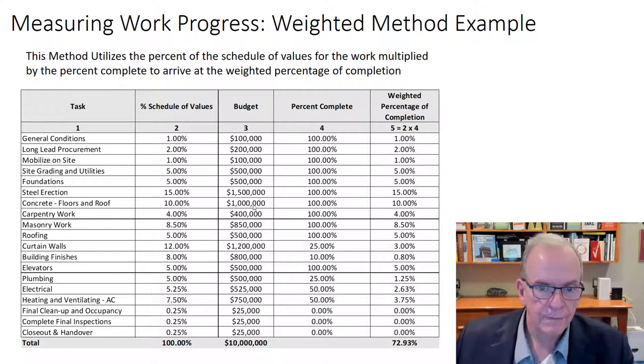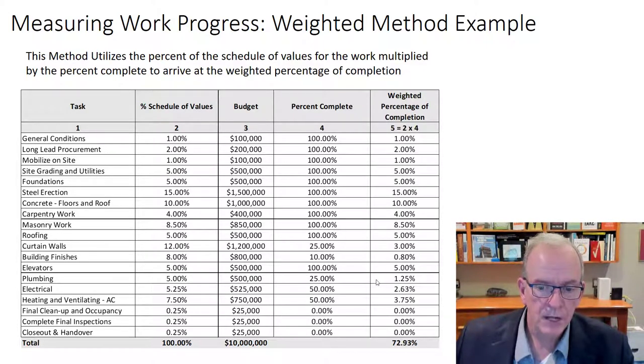So it's tying very strongly to your payment schedule. So then the weighting is based on the breakdown from a percentage of your schedule of values, right? That percentage gives you the percent of the overall project.